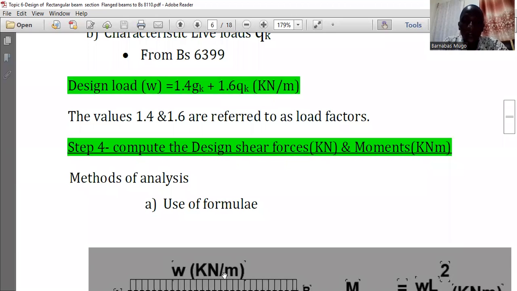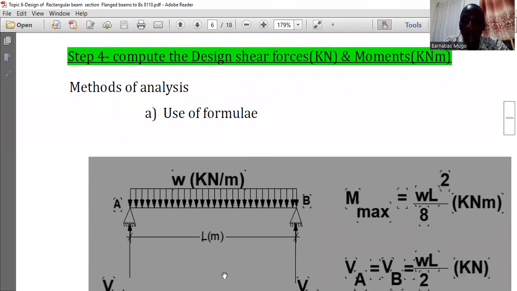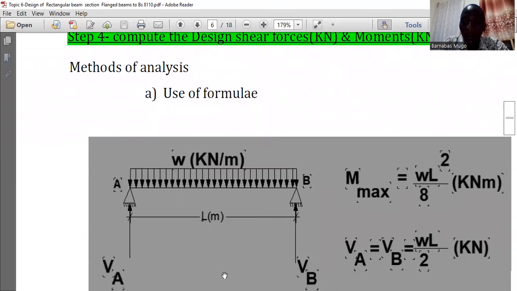Then from there, you go to step number 4, which involves determining the design shear forces and the moments at any section. In this case, you must be able to calculate the maximum load.